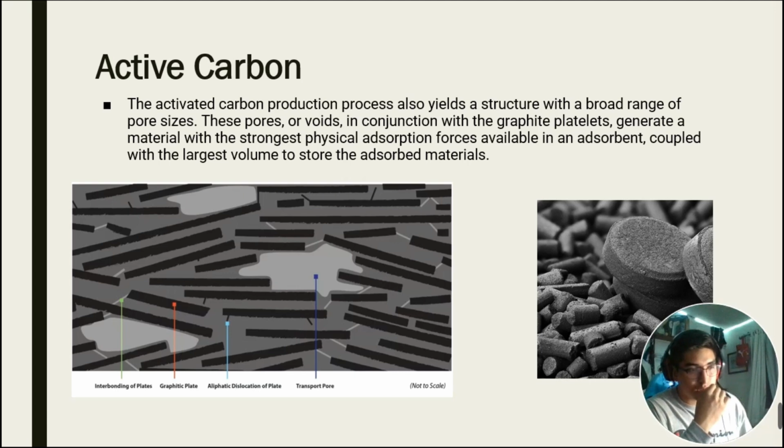The simple activated carbon process also yields a structure with a broad range of pore sizes. These pores or voids, as you want to name them, in conjunction with the graphite platelets, generate a material with the strongest physical absorption forces available in an absorbent, coupled with the largest volume to store the absorbed materials.